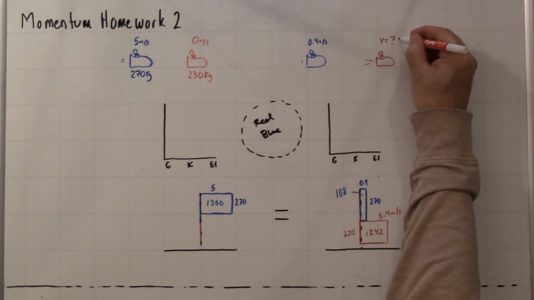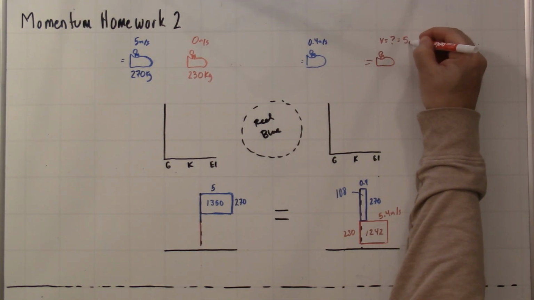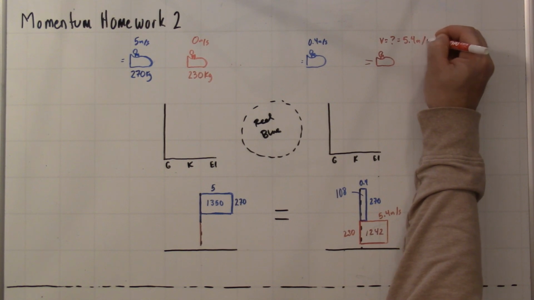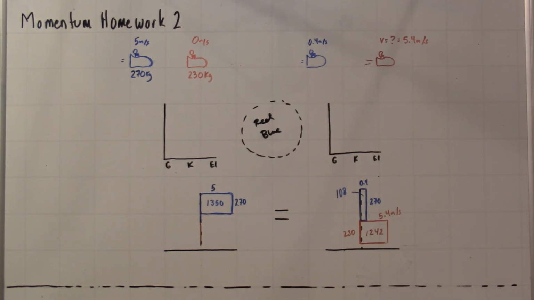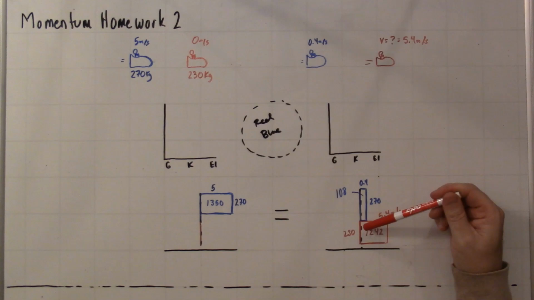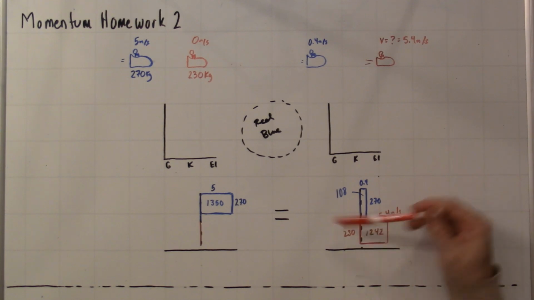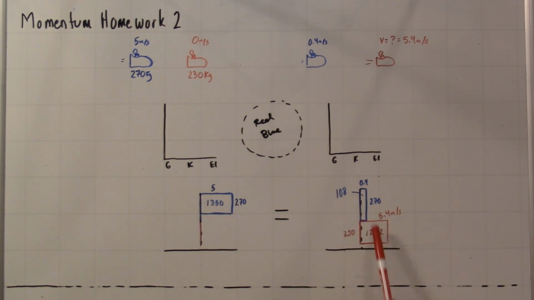So it turns out, after the collision, 5.4 meters per second. This is a great idea because, again, the total area over here has to match the total area over here, and visually it works. This is shorter than this one, but it's a little bit longer. You have to add these two areas together to get this area. I think the whole thing makes a ton of sense.